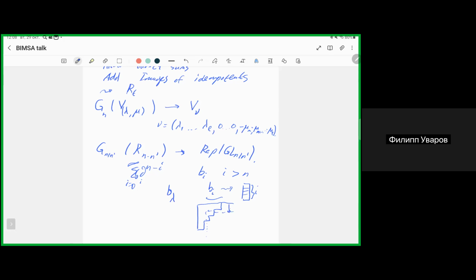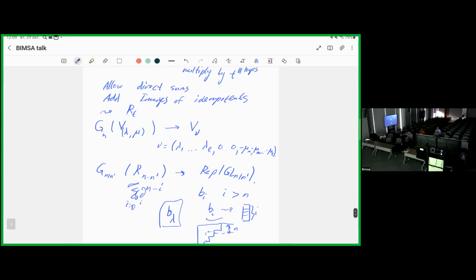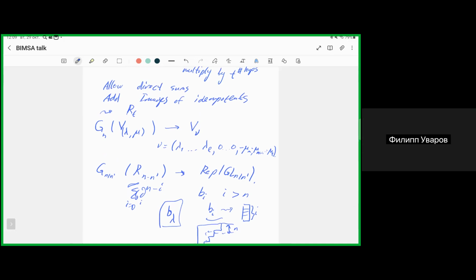So if you have n here and n prime here, you have this hook condition. If your partition does not fit in there, then you kill those B_lambda. I think this is a good conjecture for how you go from the Deligne category to the super case. But this is to be done. This is not proved.